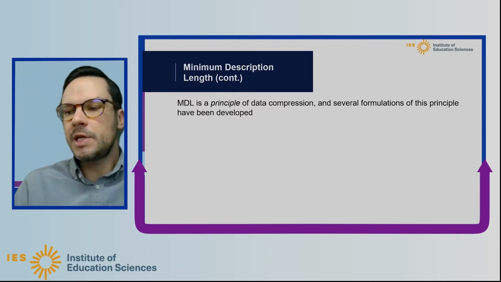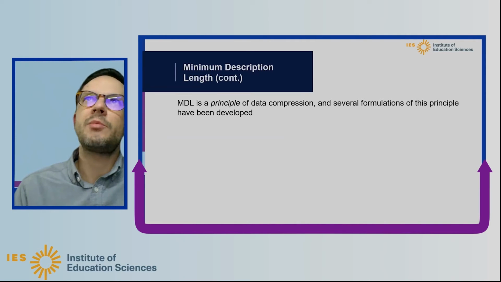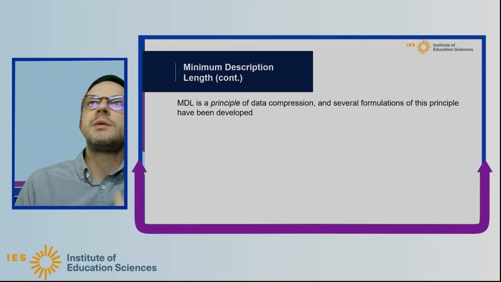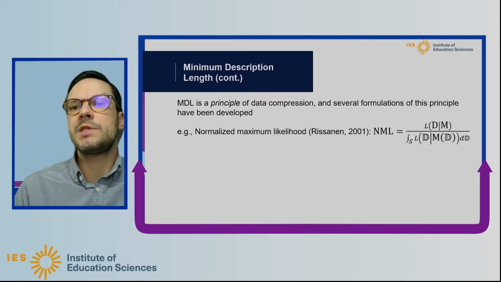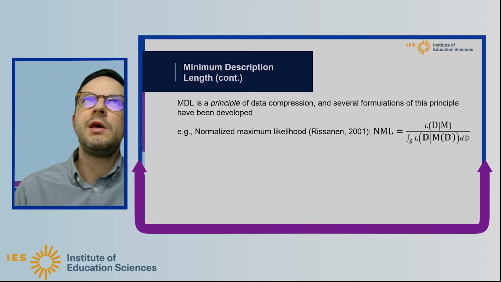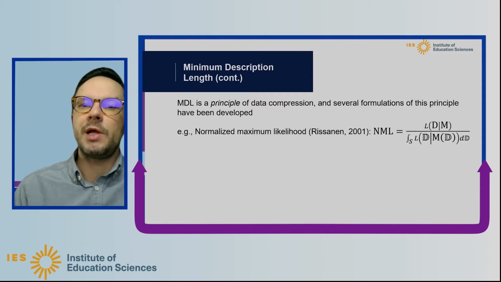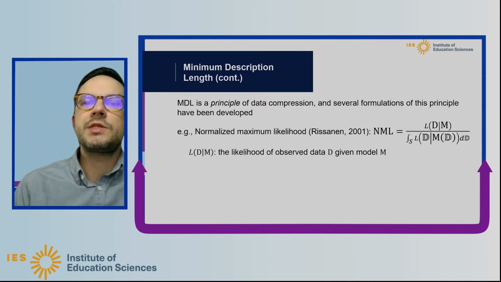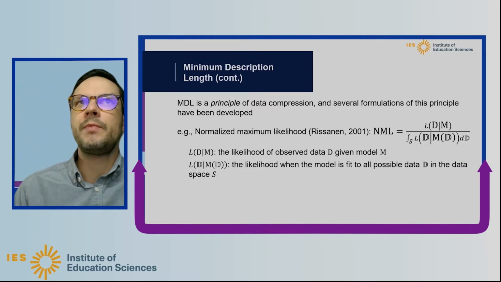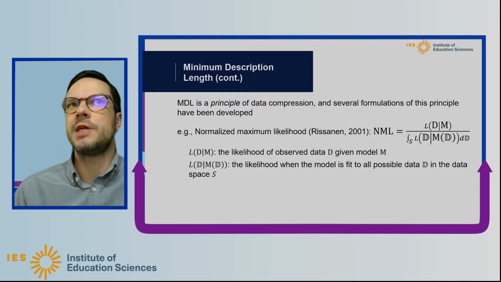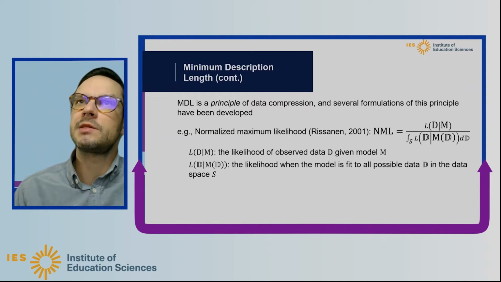However, MDL is a principle of data compression. It's not something that's easy to implement. Several formulations have been developed. For example, the normalized maximum likelihood is shown in this formula here. And this is just a ratio of the likelihood of the observed data given some model over the likelihood when the model is fit to all possible data in the complete data space.